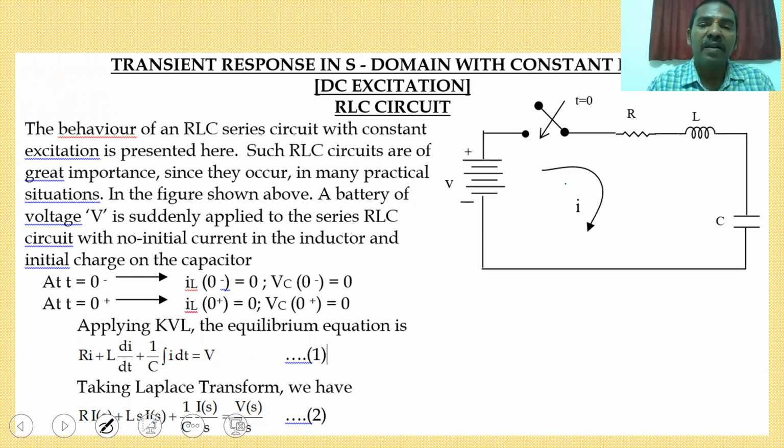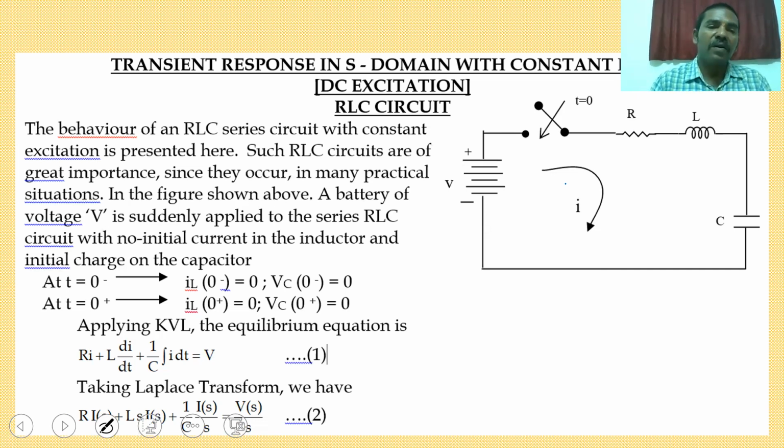Apply the KVL, so you can get voltage drop across the resistor is R into I of t, voltage drop across the inductor is L into di of t by dt, and voltage drop across the capacitor is 1 by C integral I dt, equal to your applied voltage V. So now taking Laplace transform, R into I of s plus Ls into I of s plus 1 by C, I of s by s, is equal to V of s by s.